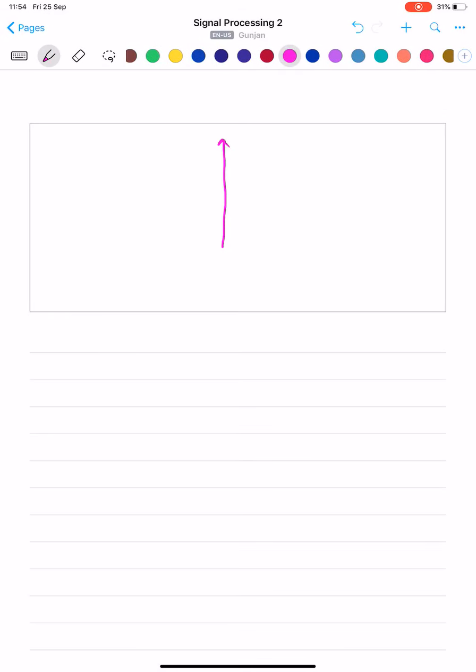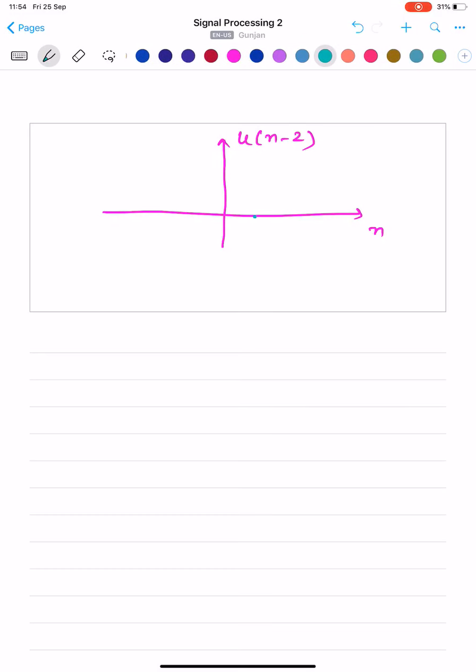So if we sketch u of n minus 2, it will be 2, 3, 4, 5, 6 and so on, and the amplitude is 1.